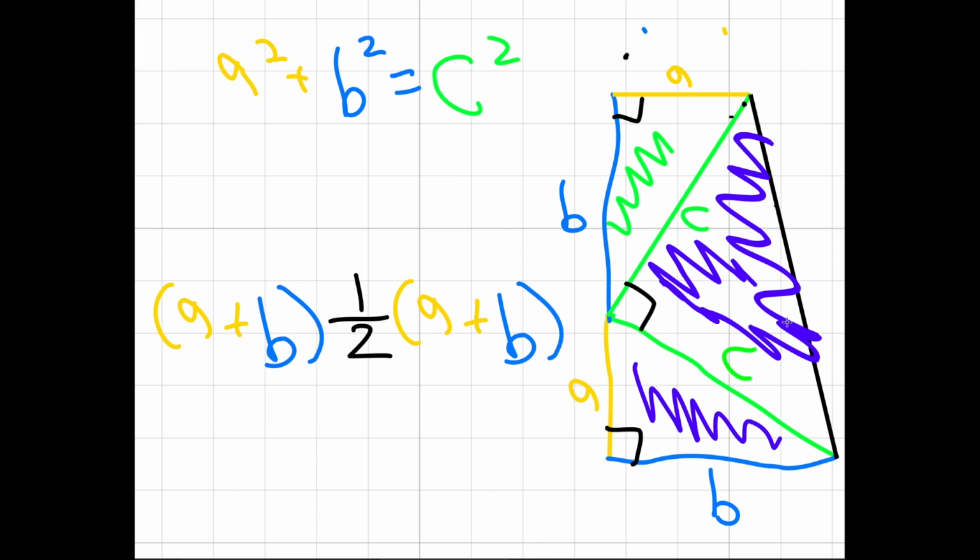The formula for the area of a triangle is 1/2 height times base. So the area of this triangle up here is equal to 1/2 AB. But there are 2 of them. See? There are 2 of them. So the 1/2 and the 2 cancel out.